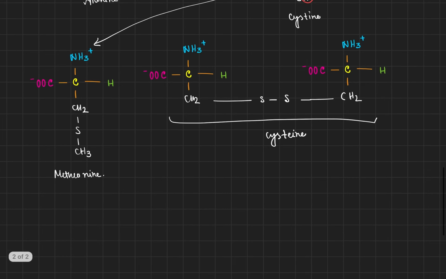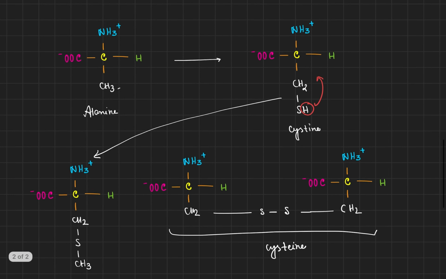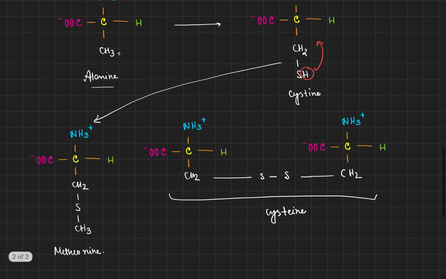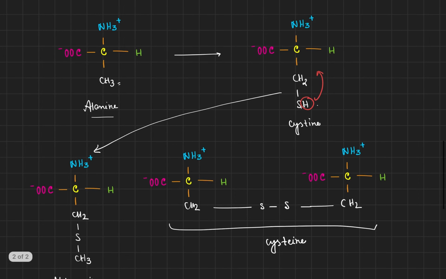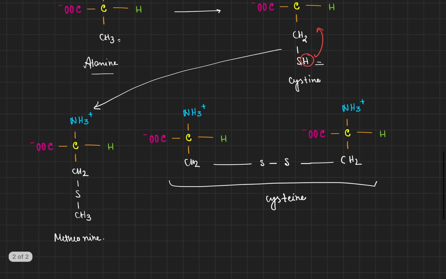So remember, again I am saying, from alanine, if I replace one hydrogen with SH, I'll get cysteine. Then if I make a dimer of cysteine, I'll get cystine. And from cysteine, if I replace this hydrogen with CH3, I'll get methionine.